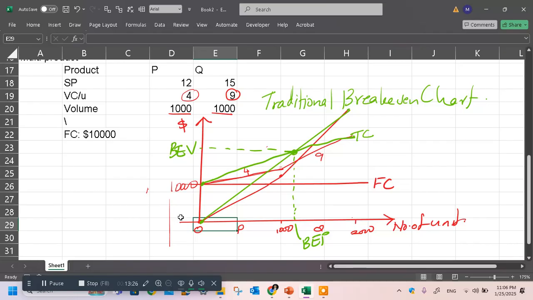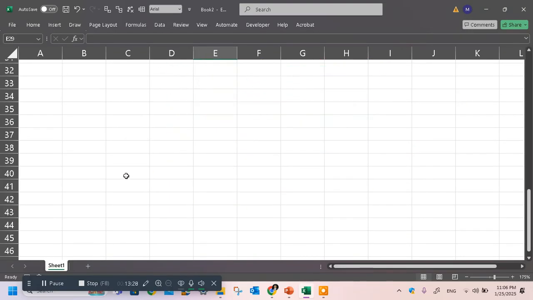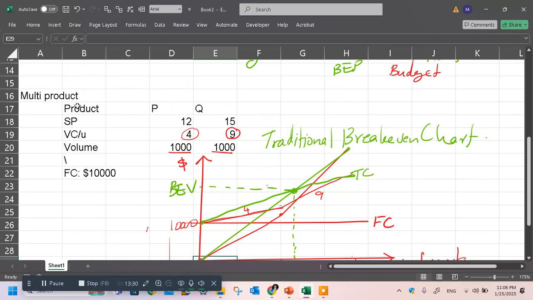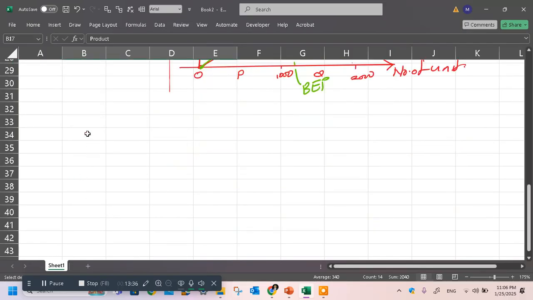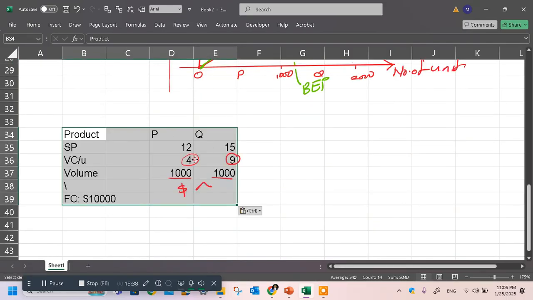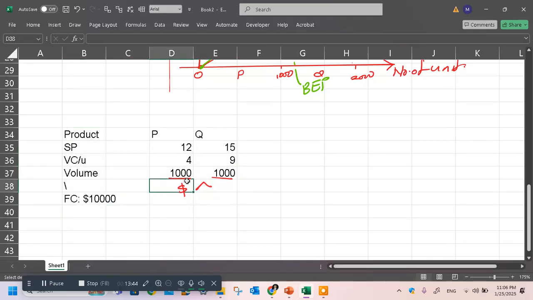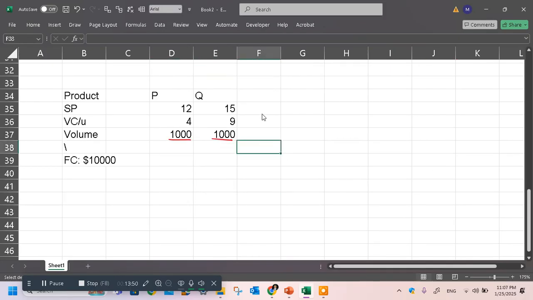There is another chart which is known as profit volume chart. Let me copy this data. Right, let the rest be there. What is profit volume chart?